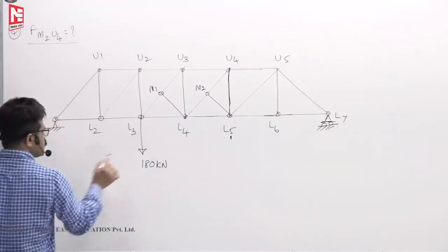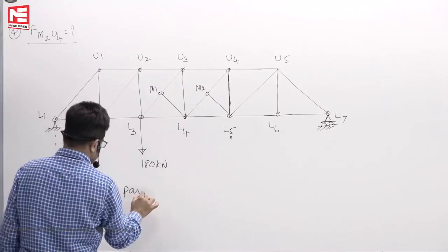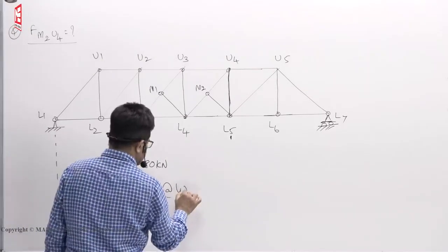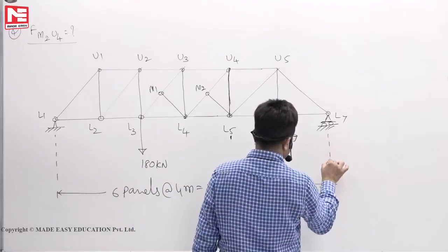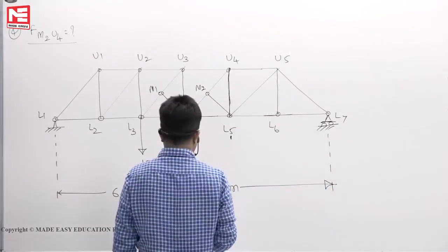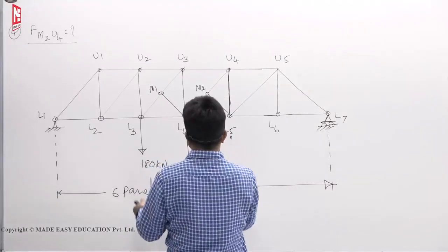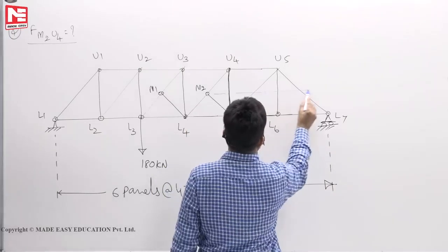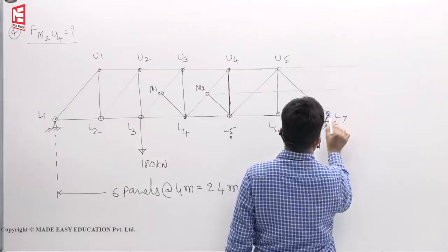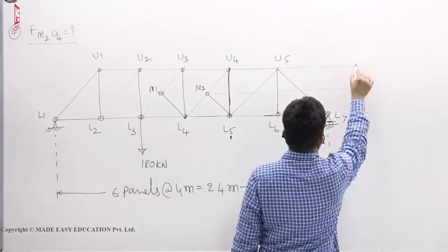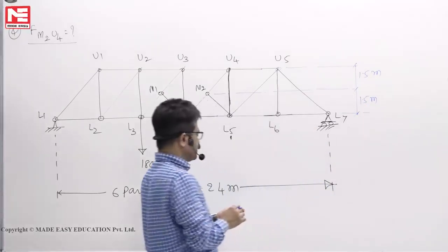Okay, there are a total of 6 panels, 6 panels at 4 meters, so 24 meters. Now this center joint is 1.5 meters, also 1.5 meters.